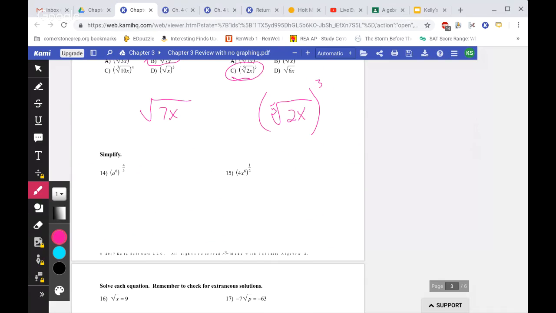And this particular one is also a negative, so that means it's going to be pushed to the denominator. Okay? But this is the cube root of A raised to the, this reduces, though.